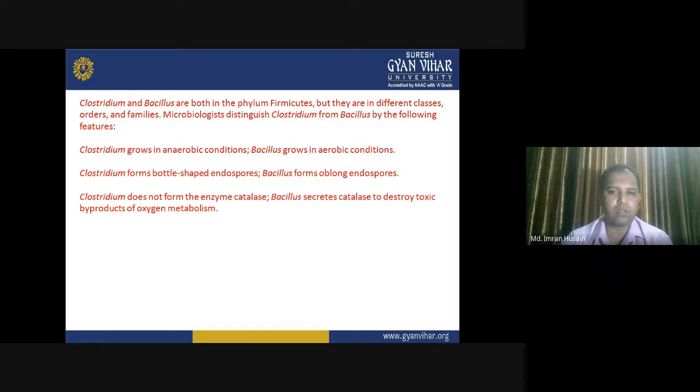Okay, but on the other hand, because Bacillus is an obligate aerobic bacterium, it requires a lot of oxygen for its metabolism and growth. So in the long term, it has to deal with the oxygen metabolism byproducts also. So catalase enzyme is produced to destroy them.